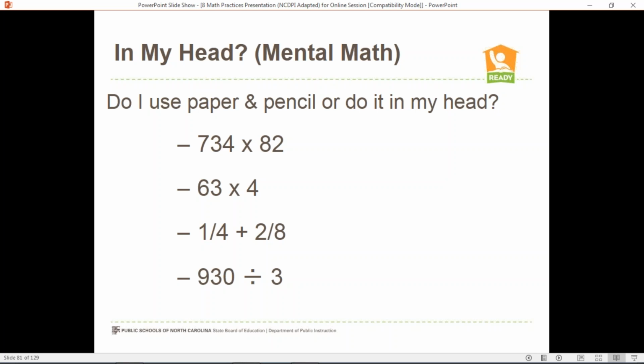So it makes me think about that first problem, I'm definitely going to want to use paper, pencil, or a calculator would even be better. But that second one, I may choose that mental math is going to be a lot quicker, right? Because if I know 60 times 4 is 240, and 4 times 3 is going to be 12, and 240 and 12 is going to be 252.